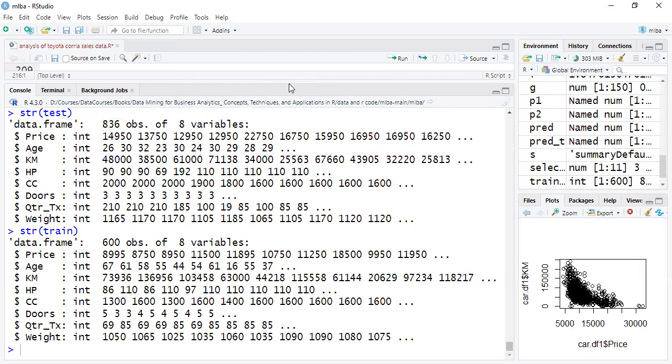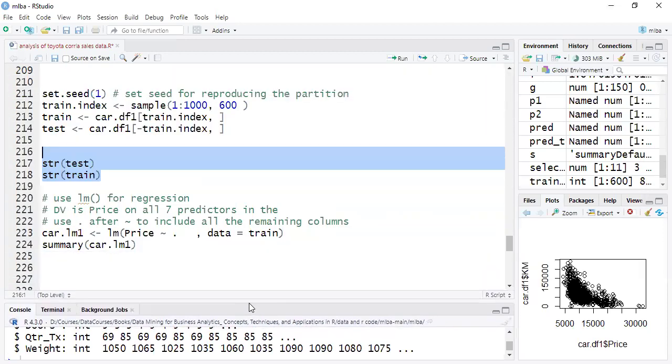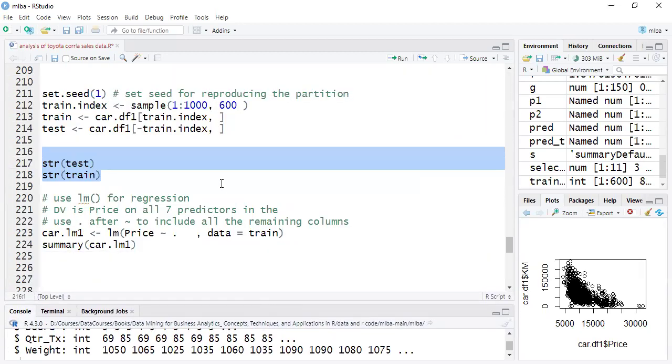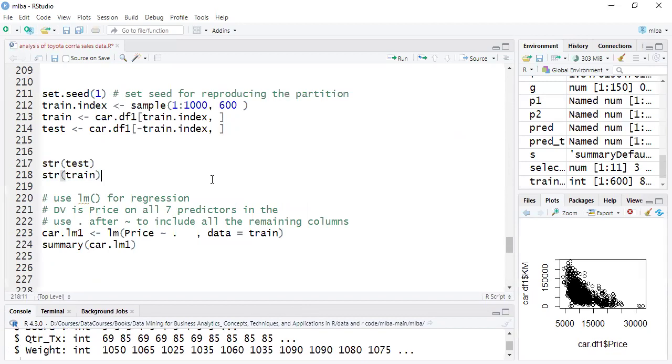Now, still it is showing 836 observations and 600 observations in the remaining set. Means it is using all of the rows, 1400 rows.